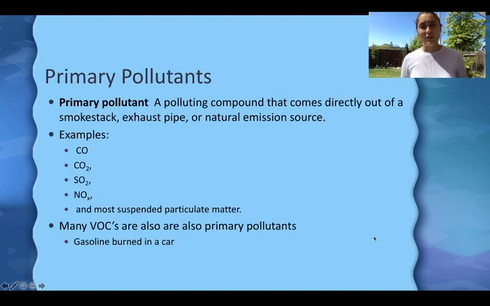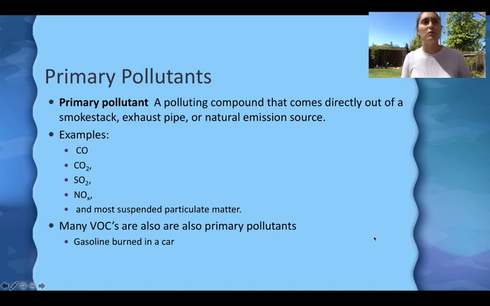So we've got things called primary and secondary pollutants. Primary pollutants are the primary source, so it's coming directly out of a smokestack, an exhaust pipe, or another natural emission source like a volcano or a forest fire. Examples of primary pollutants are carbon monoxide, carbon dioxide, sulfur dioxide, those NOxes, and most particulate matter.